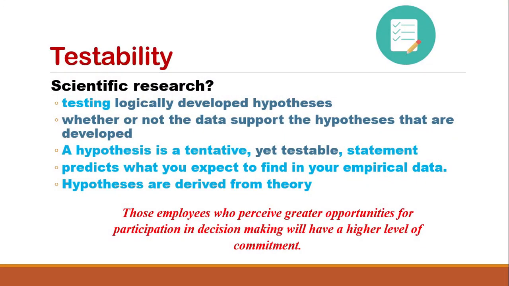Our next hallmark of a scientific research is testability. What is testability? It is the property of a research that basically applies to the hypothesis of a study. A hypothesis is a tentative yet testable statement which predicts what you expect to find in your empirical data.